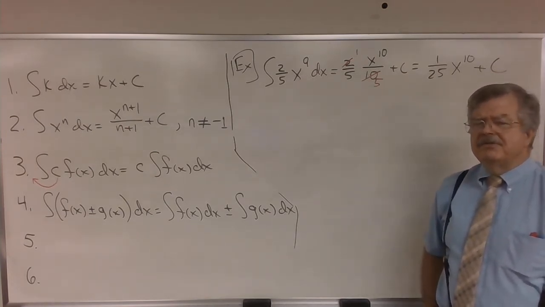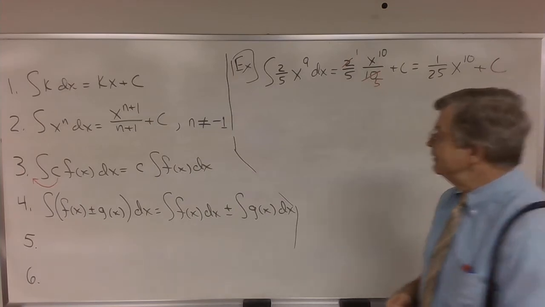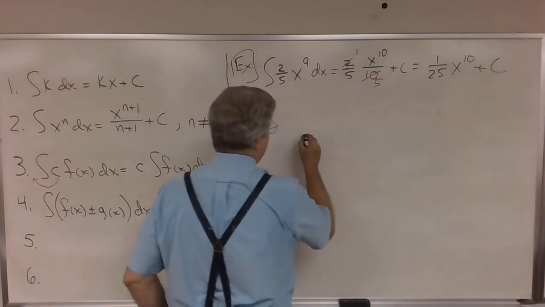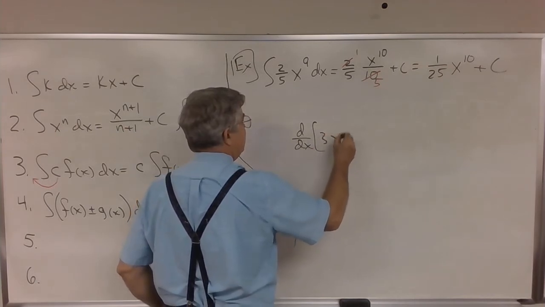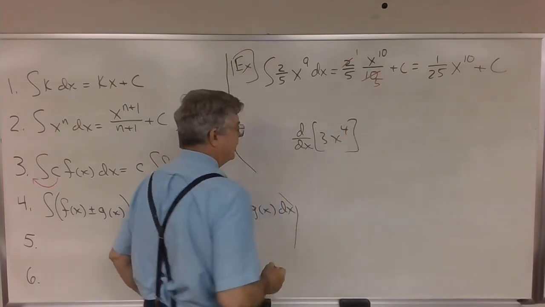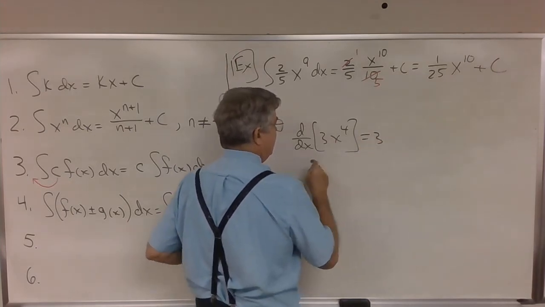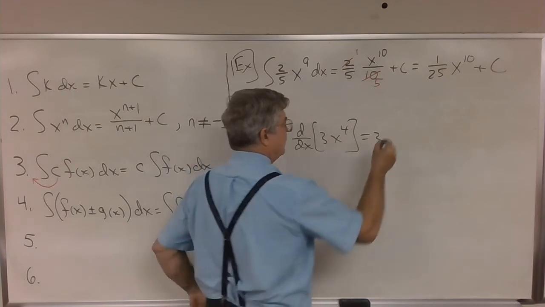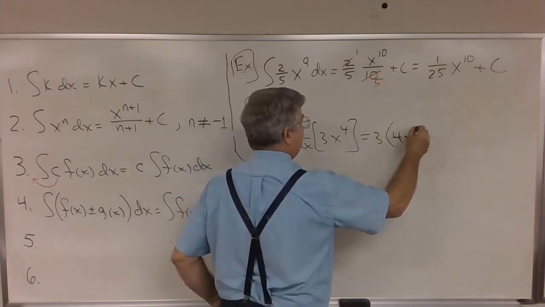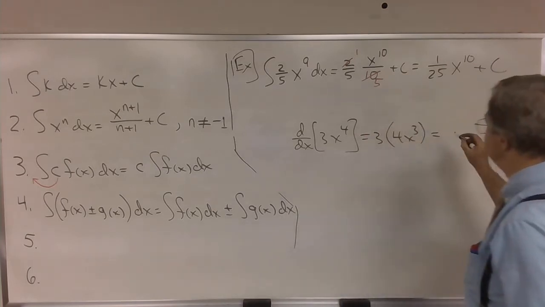When we do the same thing with derivatives, typically we can do it in one step. If we have the derivative, let's say, of 3x to the 4th, we can write the constant down and then compute the derivative of x to the 4th and multiply the constants.